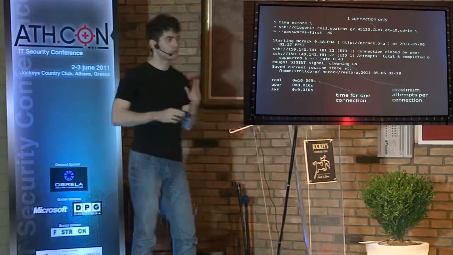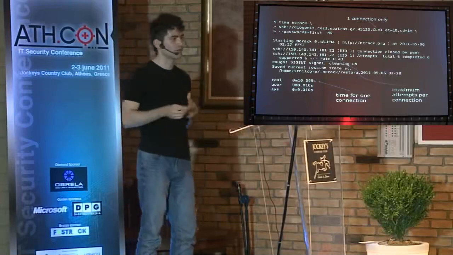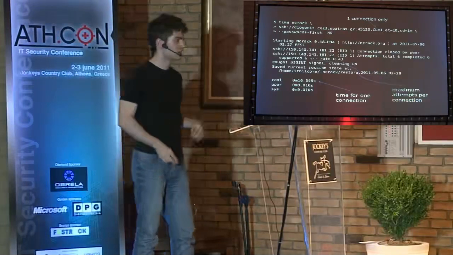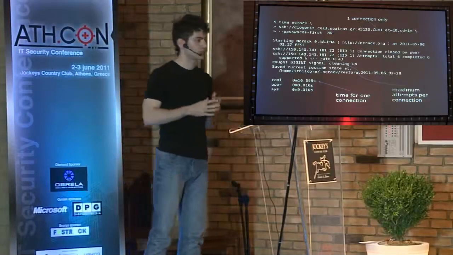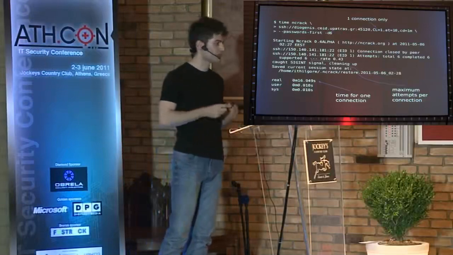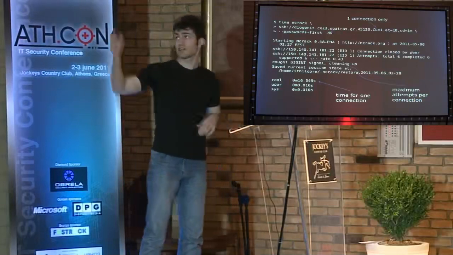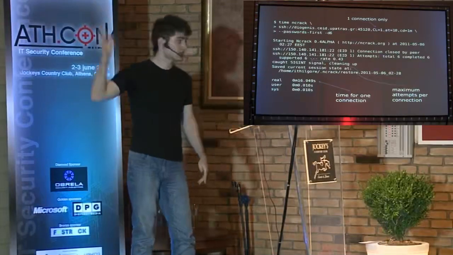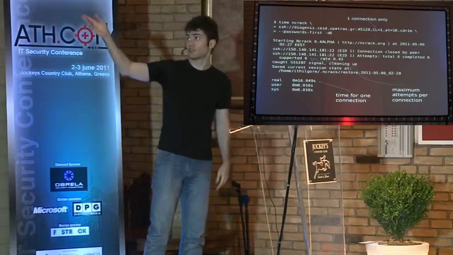We set this to 1, because we want to have enough time to press Control-C and to count how many seconds one connection takes. And of course, we also specify the debugging output to be level 6, which is just enough to show this output that you see here.